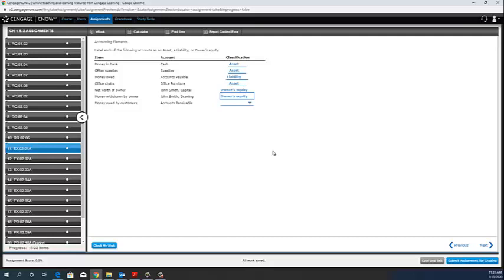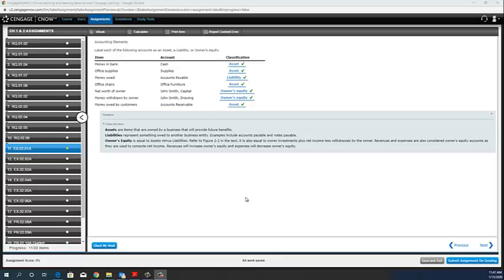You'll send them a bill and they'll have 30 days to pay. So if you don't receive the cash immediately for providing a service, you call that accounts receivable, and that falls under the assets.